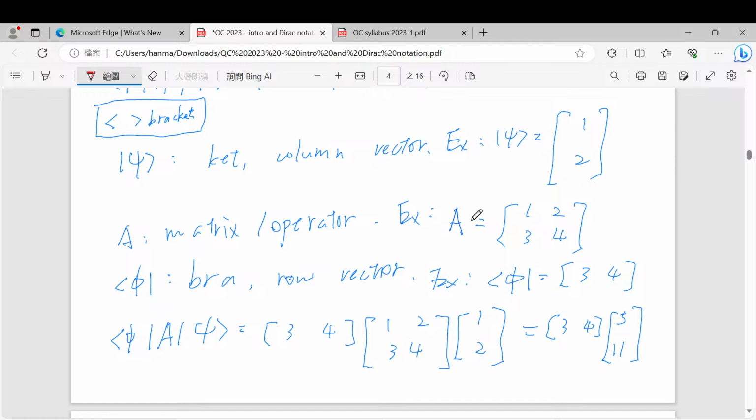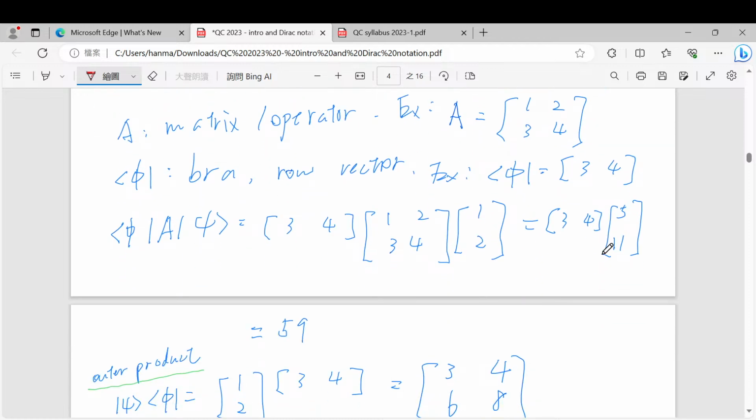So bra phi times A times ket psi is kind of like an inner product, but with your matrix in between. It's 3, 4 times 1, 2, 3, 4 times 1, 2. The matrix 1, 2, 3, 4 times 1, 2 gives you 5 and 11.